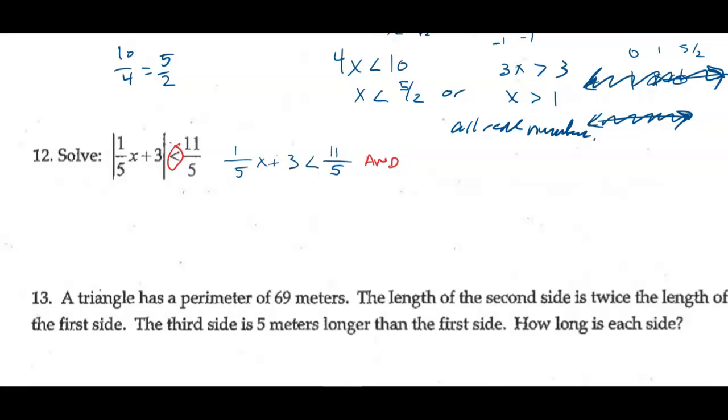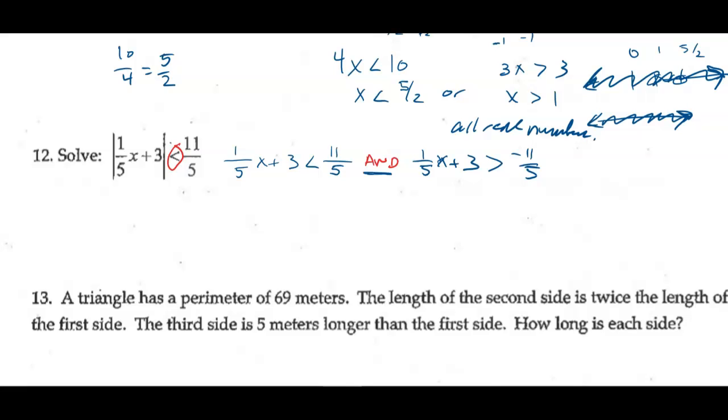So we group these together with an and. And then I have the same thing, but I'm going to switch two things. I'm going to flip the inequality, and I'm going to make that negative. So here is the inequality that satisfies that absolute value.